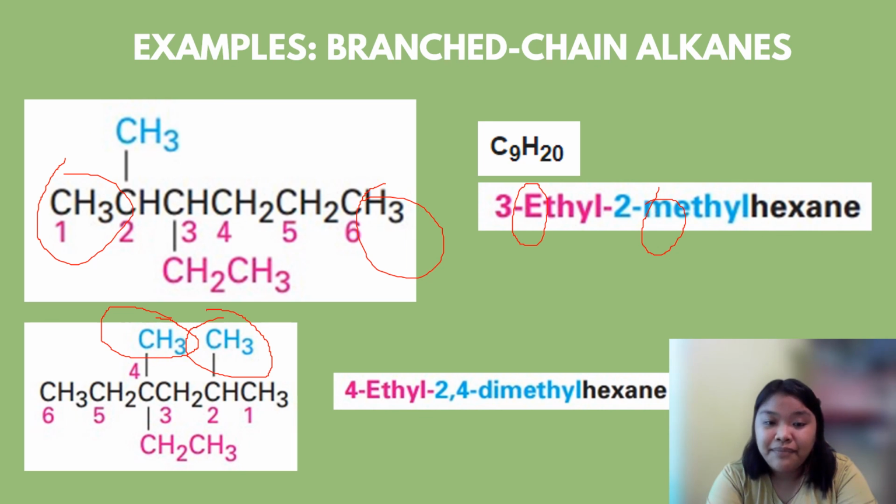So, we have that. Dalawa yan. So, nag-occur siya sa 2 and number 4. Kaya siya dito 2,4-dimethyl. Ito siya 2,4-dimethylhexane. 6. So, sana may naintindihan kayo sa aking explanation.